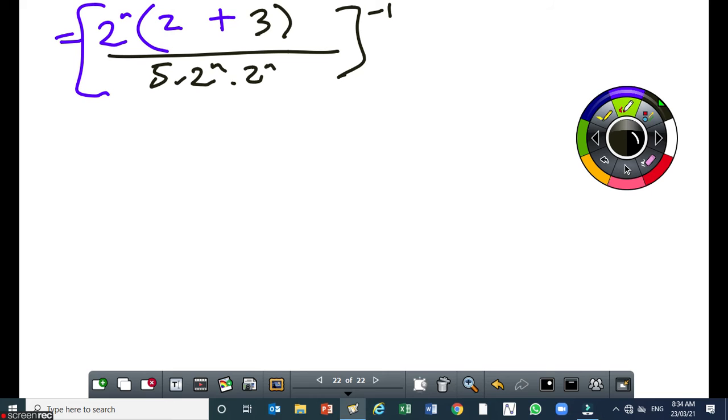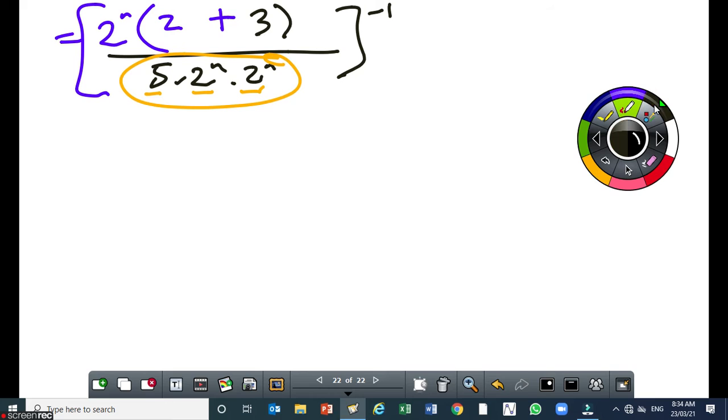You can't factorize the denominator because it's a product. It's not a sum. You don't factorize a product. You factorize a sum or a difference of terms. This denominator here is 5 times 2 to the power of n times 2 to the power of n, so you can't factorize it.